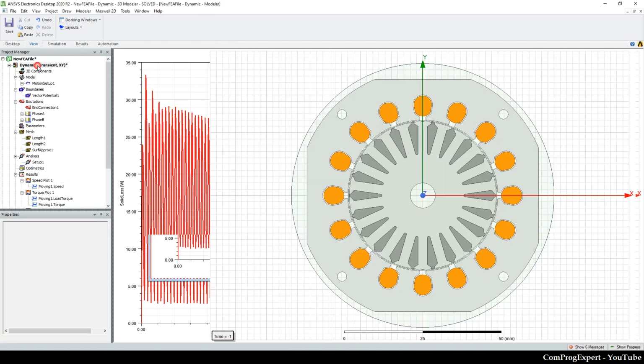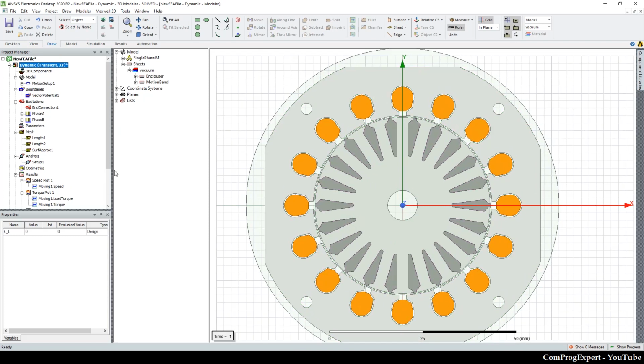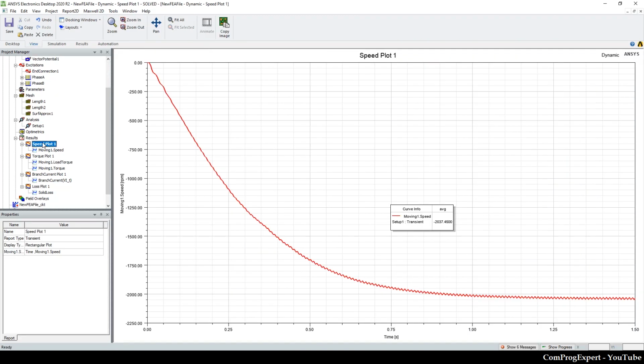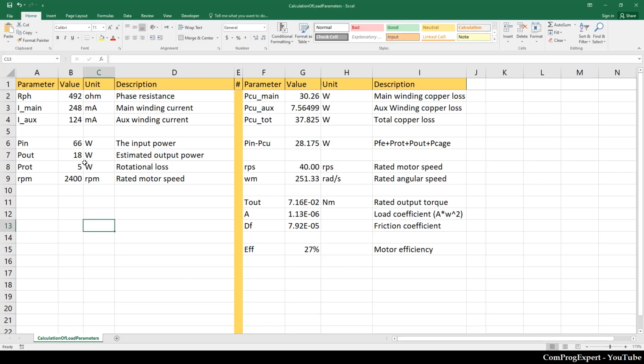So we got good results for the first iteration, and for the next iteration we should modify these numbers to get the right speed and right values here.